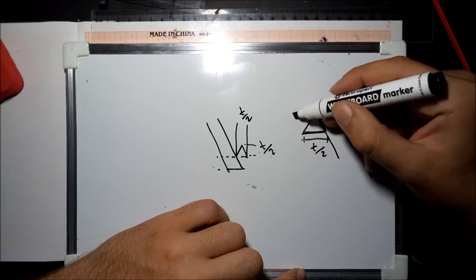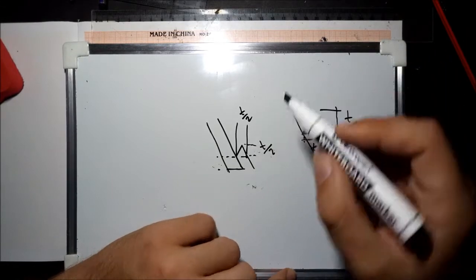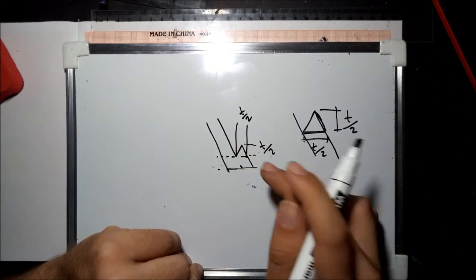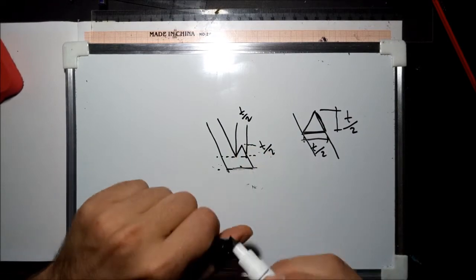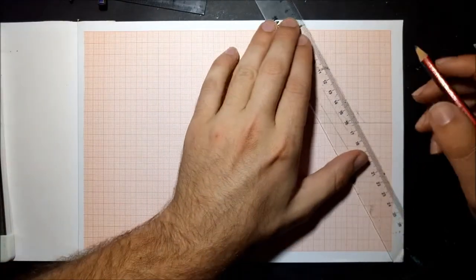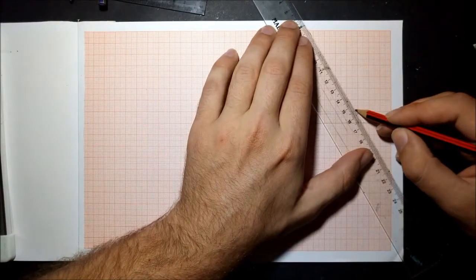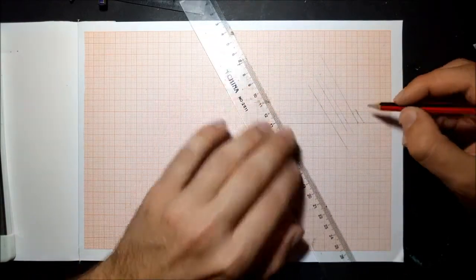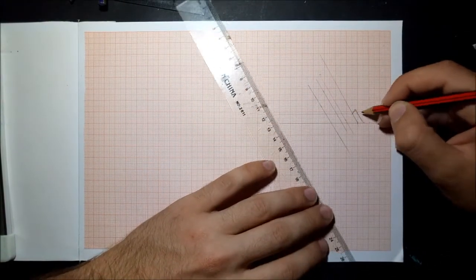And the line goes parallel to this line. So it goes down, closes, and you erase this part. So on the paper, it will look something like this. Take this and connect it. This if it was by itself.